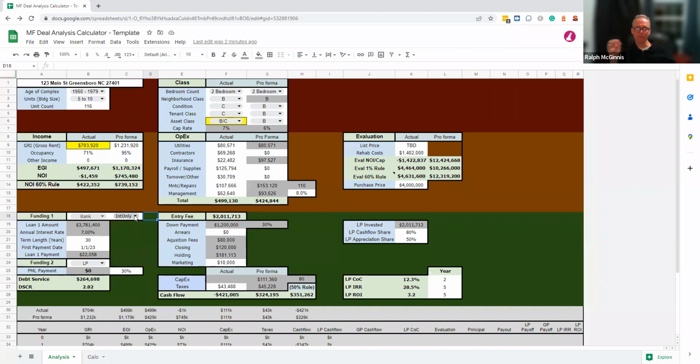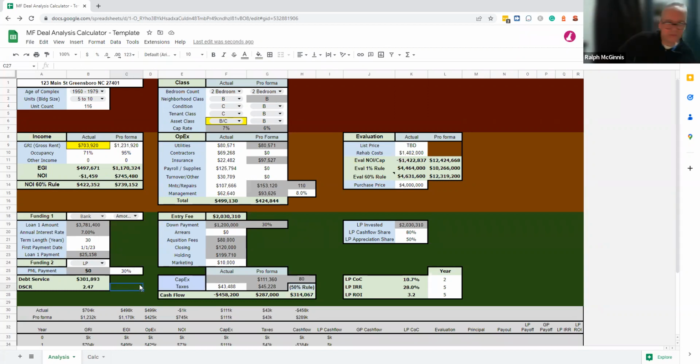It improves your cash flow, which also improves the return. If I change this to amortized, now you see this loan payment jumped from 22,000 to 25,000, and your debt service also jumped. I'll leave it there on amortized.